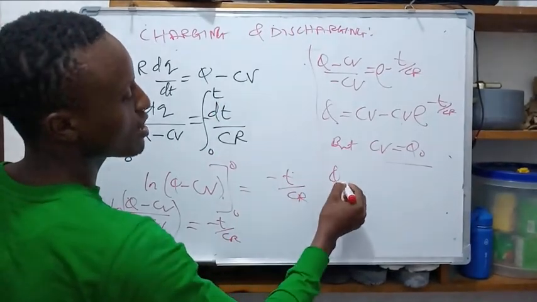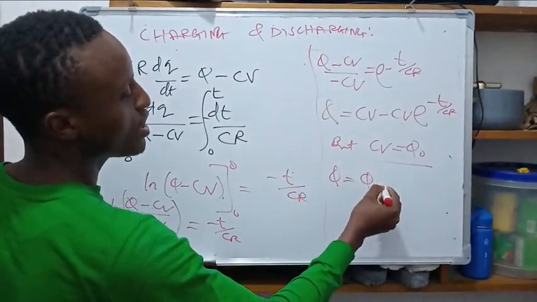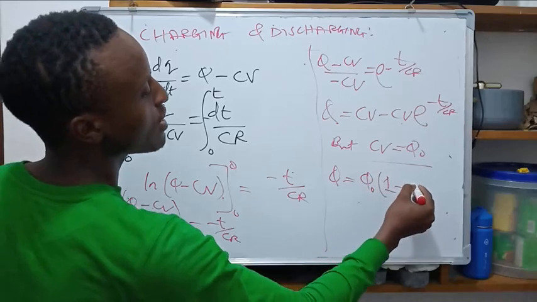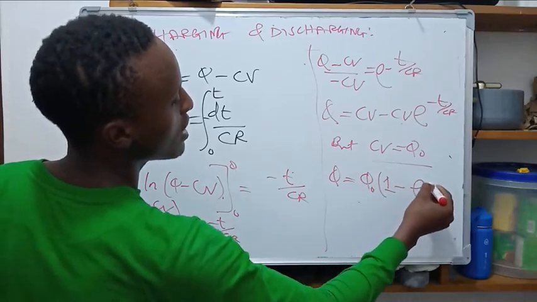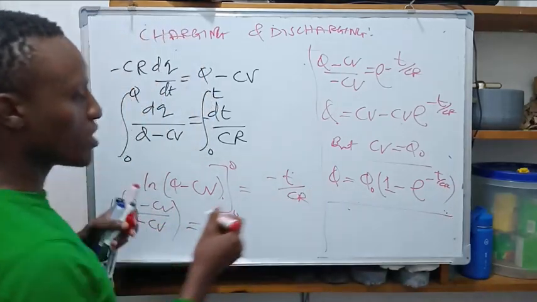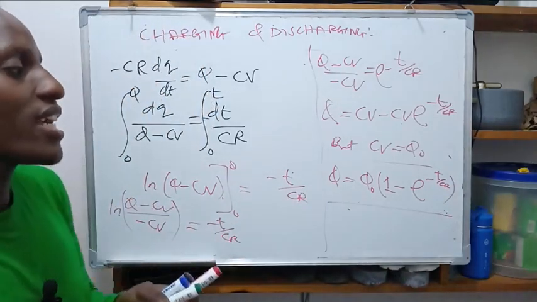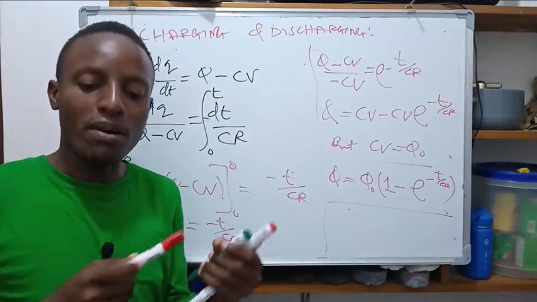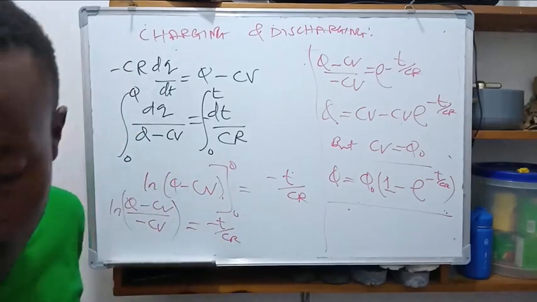So Q at any time is equal to the initial charge, but 1 minus e to the negative T over CR. That's what we can say about the charge of the capacitor at any time T when charging.